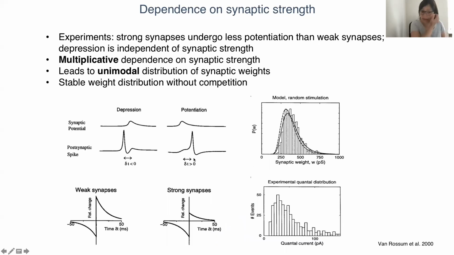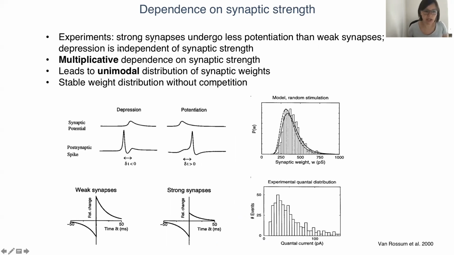You can also apply multiplicative normalization. This is an old study from Mark van Rossum, Gina Turrigiano and Sacha Nelson, where they argued that potentiation undergoes multiplicative normalization.